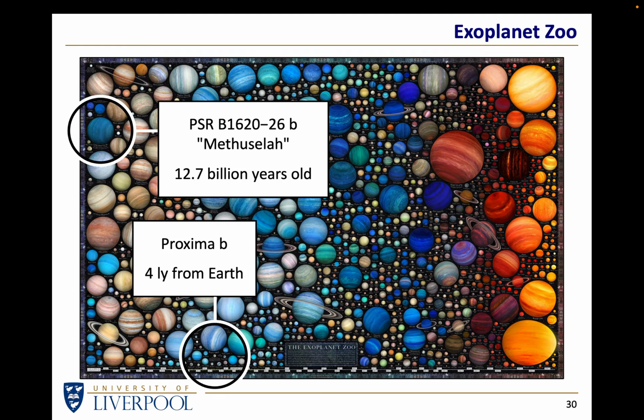We know of no mechanism whereby a star can be made and then many billions of years later produce planets. In other words, as far as we know, planets are always born at the same time as the star. So if the star is 12.7 billion years old, then the planet is as well. And when you remember that the universe is 13.8 billion years old, you can see that this planet came into being very early on in the universe.